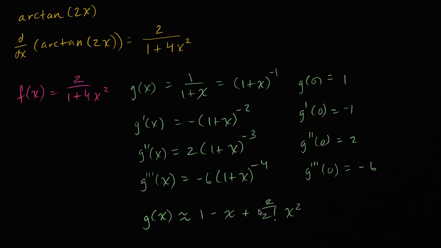Well, this is just 1 times x squared, so that's just going to be plus x squared. And then we have plus g prime prime prime of 0, which is negative 6 over 3 factorial times x to the third. Well, 3 factorial is just 6, so negative 6 divided by 6 is just negative 1. So that's going to be negative x to the third.